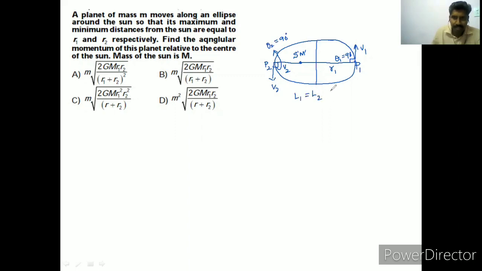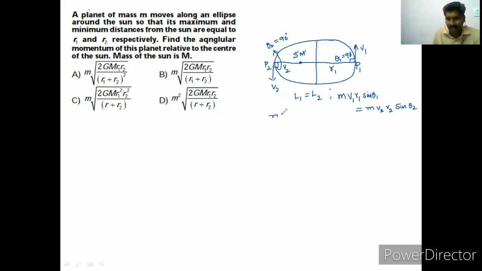Now L1 means the mass of the planet, small m, times velocity v1, r1 sine theta 1, is equal to m v2 r2 sine theta 2. Here theta 1 and theta 2 are 90 degrees, and sine 90 is 1.